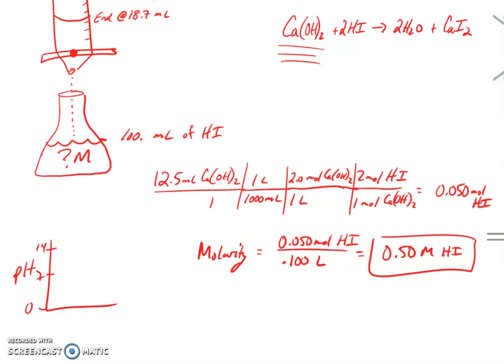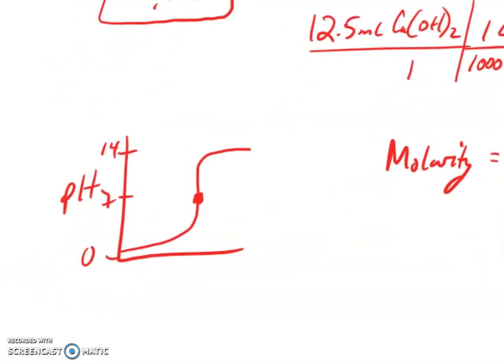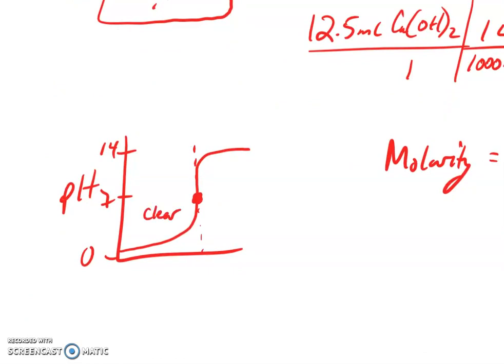We started with HI, so the pH would be really low. Equivalence point right here in the middle. And a good indicator would be phenolphthalein, because phenolphthalein is clear at pH below 7. And just above 7, you get this pink color indicating that you've reached the endpoint of the reaction and the equivalence point.